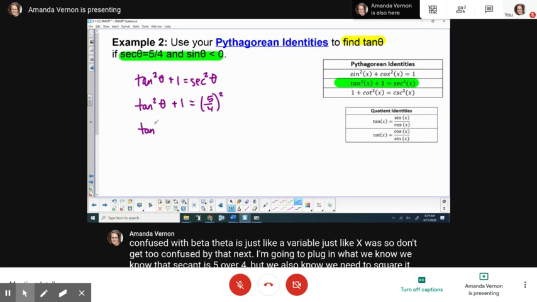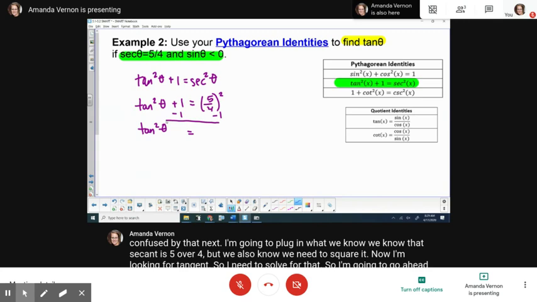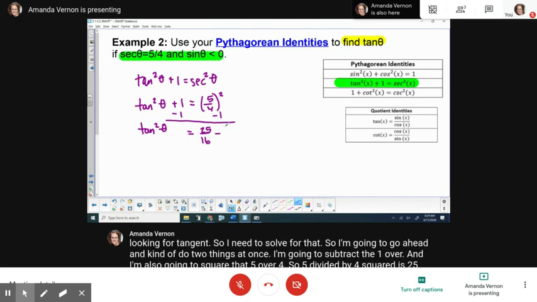I'm going to subtract the 1 over, and I'm also going to square that 5 over 4. So 5 divided by 4 squared is 25 over 16. Now, fractions are much easier to subtract if we have a common denominator. So by subtracting 1 off, I'm really subtracting 16 sixteenths.